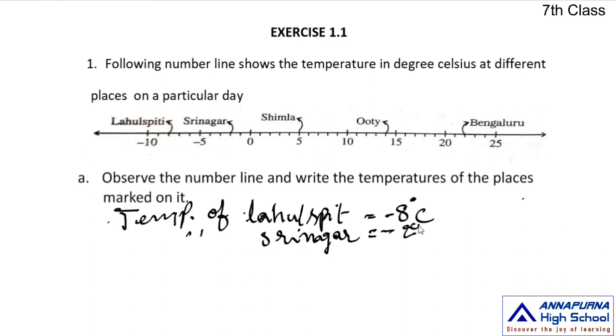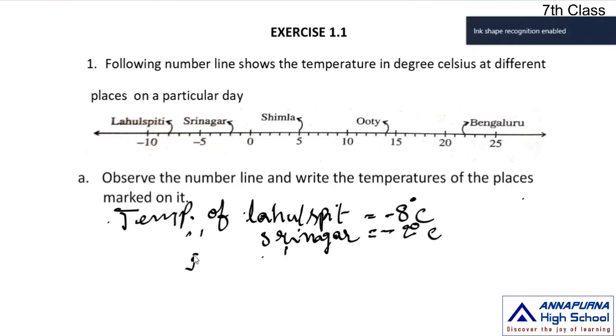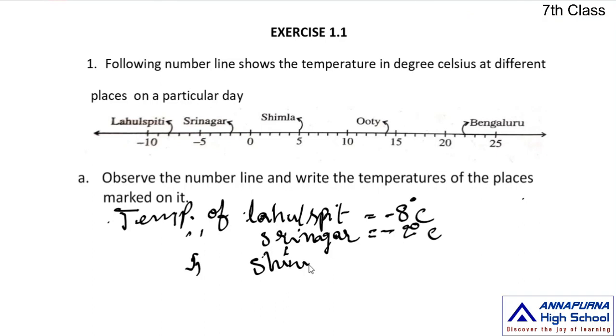Next, Shimla. Temperature of Shimla is equal to how much? It is exactly at 5 degrees centigrade.